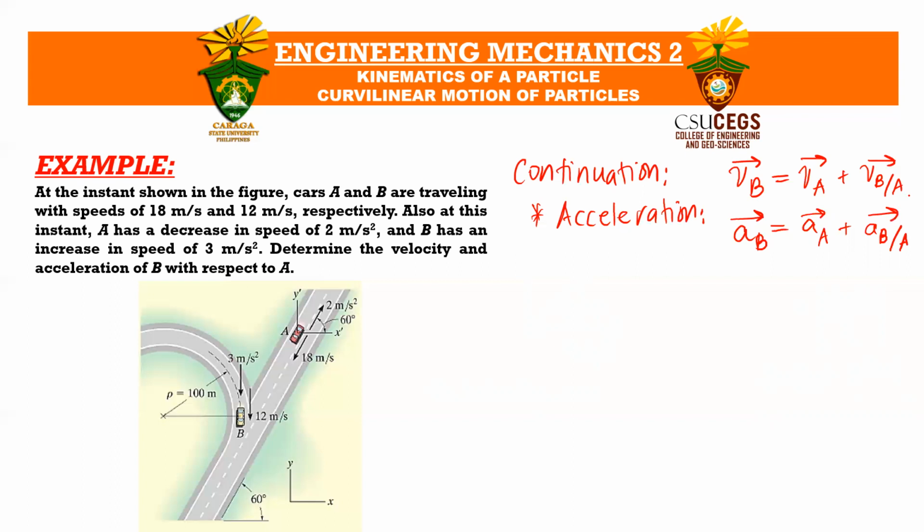So again, what we need to determine is the acceleration of B with respect to A. So we just transpose this term to the other side of the equation.